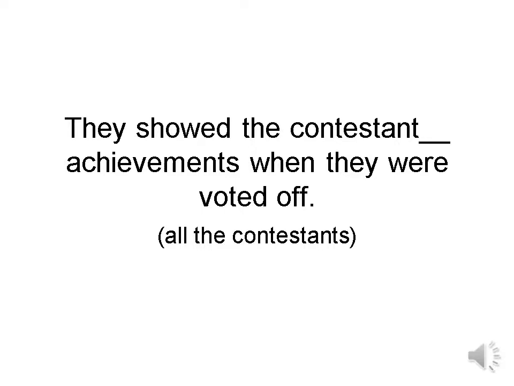So we must add an S on contestants, so it is S apostrophe. Had it been singular, one contestant with his achievements, that could also have been correct, but because of the information that we're given in brackets, we must add an S and then the apostrophe.